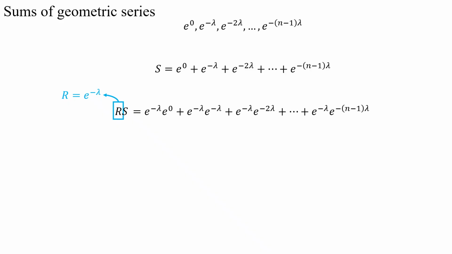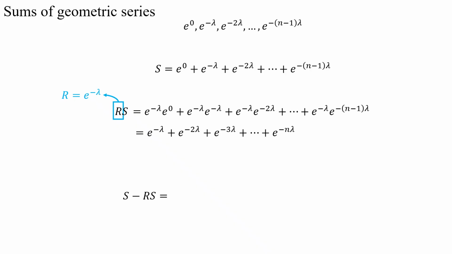Well, when you have like bases, here like bases e, and you multiply them, now you can just add the exponents. So that expression simplifies to this expression: e to the negative lambda, e to the negative 2 lambda, and so on and so forth.